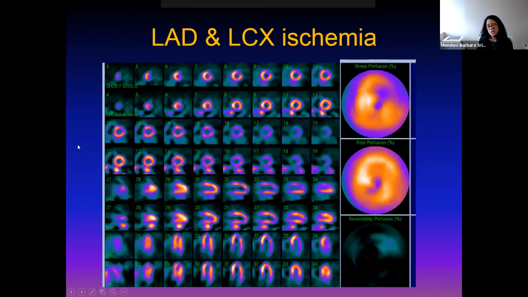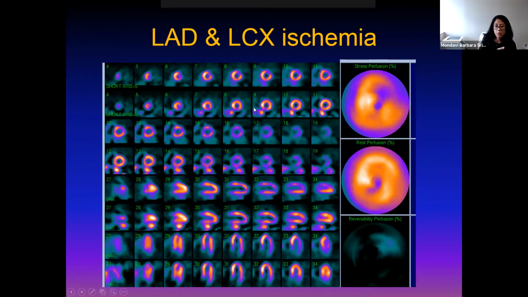In a patient that does have underlying ischemia, however, we expect to see changes at exercise or during stress compared to rest. As I mentioned, the stress images are by convention laid on top of the rest images.